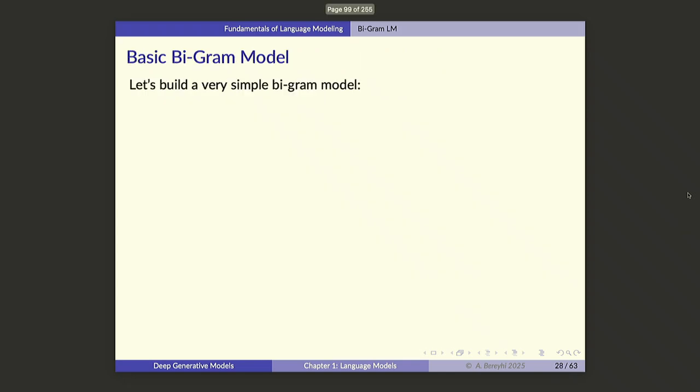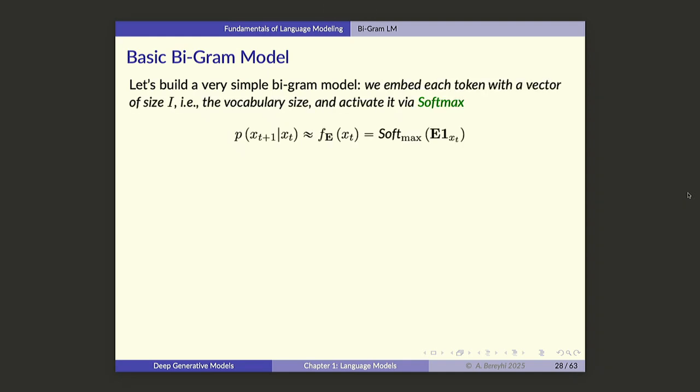So bigram is quite easy. The last word in the sequence is going to decide the next token. And now, if we want to consider one simple bigram, I'm going to consider the most simple bigram ever. I assume that every single token that I have is embedded with a vector whose size is exactly my vocabulary size.